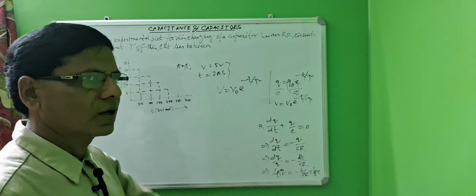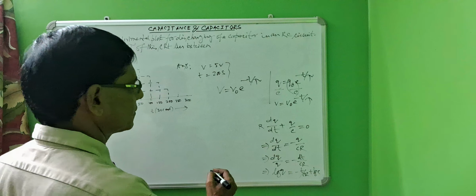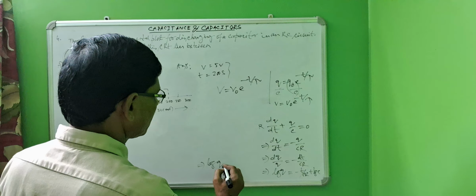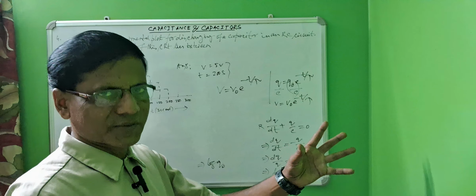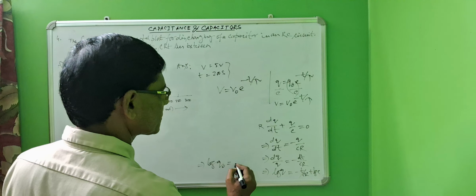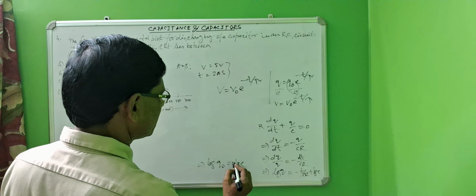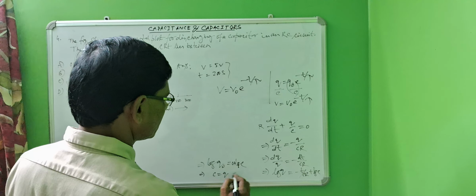Log c is the arbitrary constant. At t equals 0, the total charge present is q0, so log q0 equals 0 plus log c, which implies c equals q0.